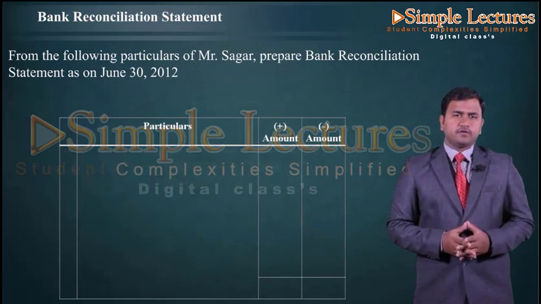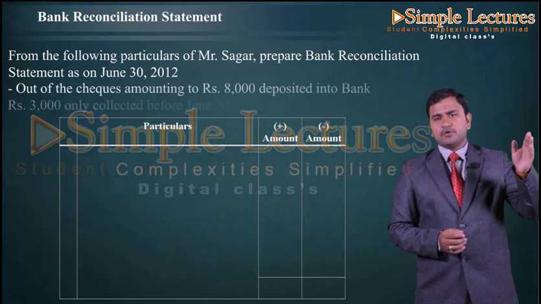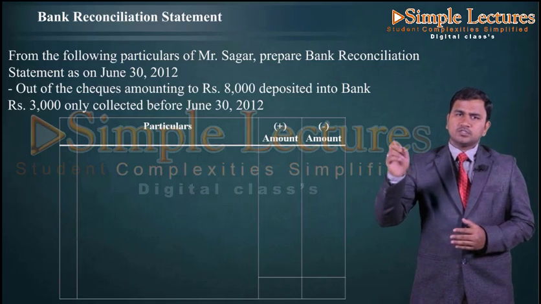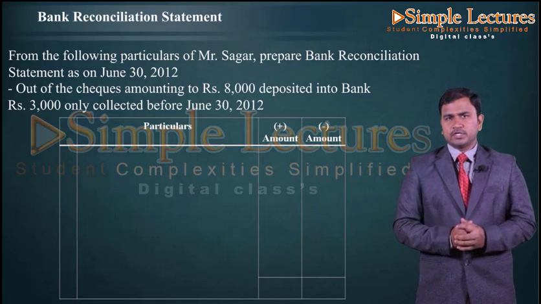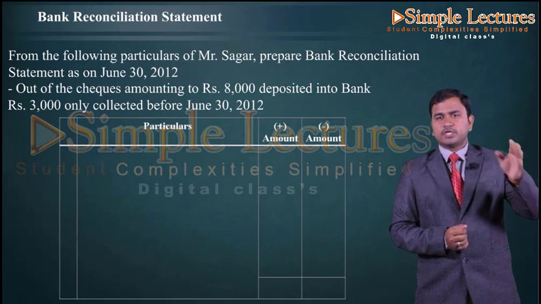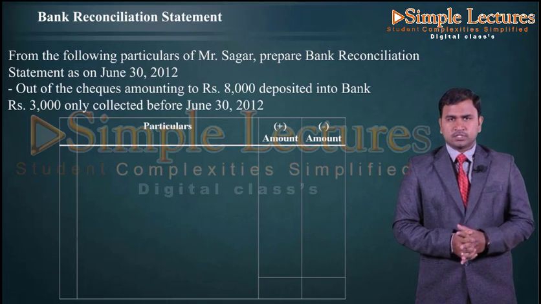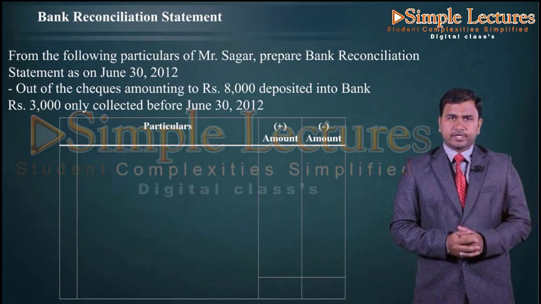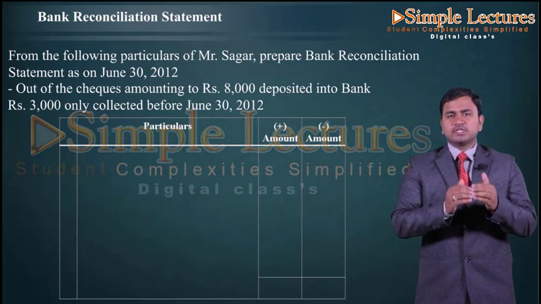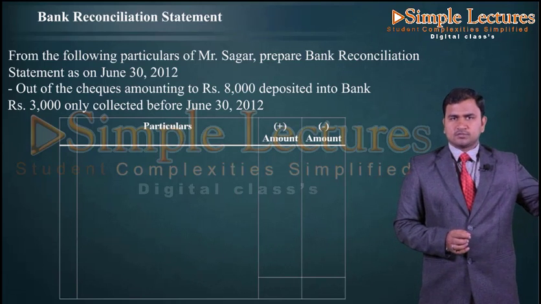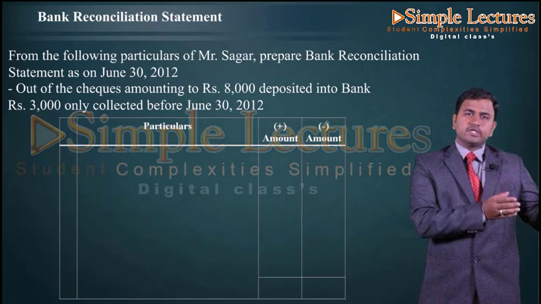The next entry we have is out of checks amounting to rupees 8,000 deposited into the bank, 3,000 only collected before June 30th, 2012. So here the check which was deposited into the bank is for 8,000, but out of 8,000 only 3,000 rupees were collected, which means that when the check was deposited into the bank, in cash book we have added 8,000, but we are getting only 3,000.